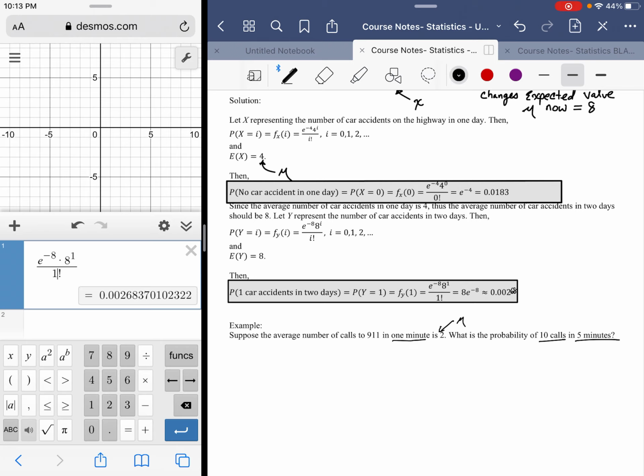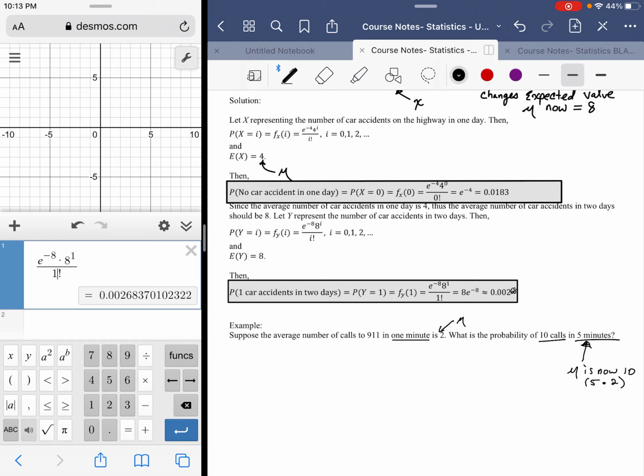All right. So this is the mu for 1 minute. If I'm talking about 5 minutes, well, I wouldn't expect there to be only 2 calls in 5 minutes if there's 2 calls in 1 minute. So mu is now 10. All right, that's 5 times 2.